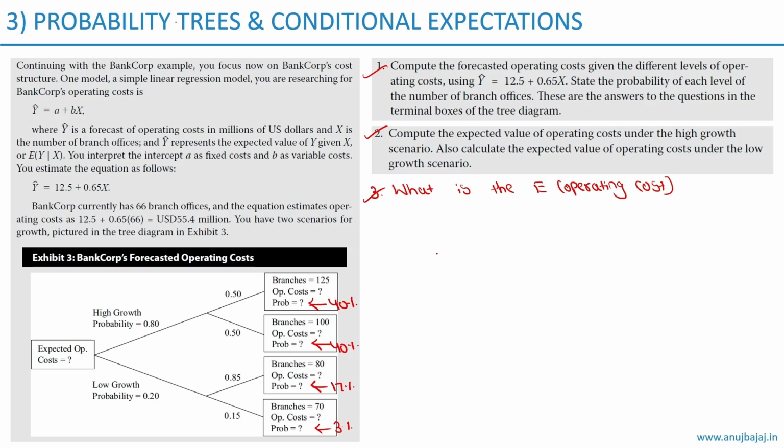Now the answer to the second question is the expected value of operating cost under the high growth scenario, which is $85.625, and the expected value of operating cost under the low growth scenario is 63.525, and the expected operating cost equals 81.205.